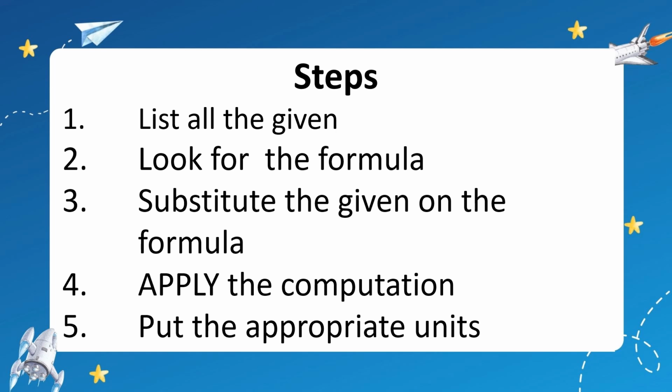The appropriate units for time, we all know, are hours, seconds, minutes, months, years, etc. In this video lesson, I'll show you three math problems for you to easily follow what these steps are all about. So let's begin.